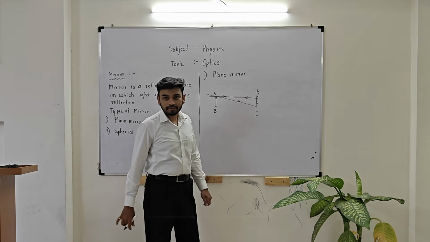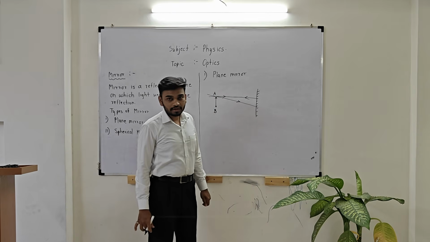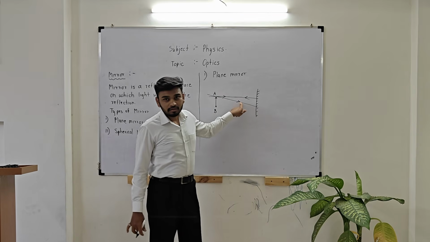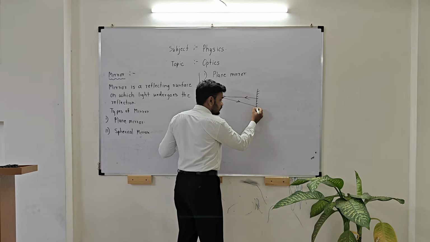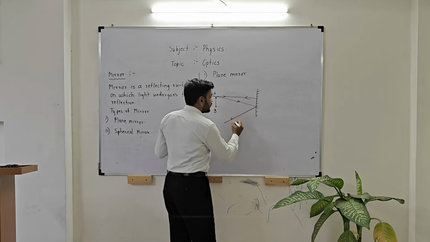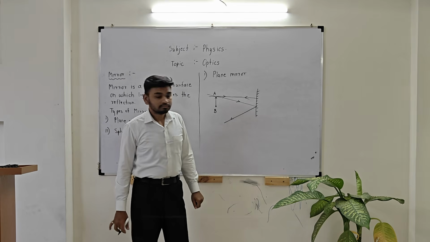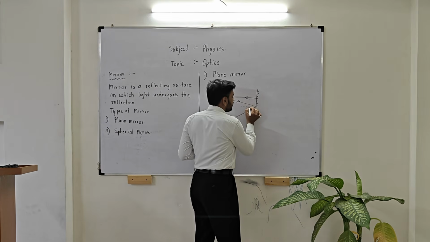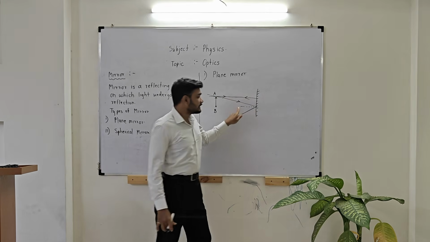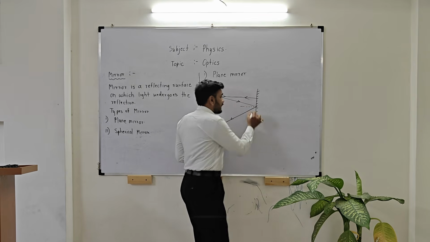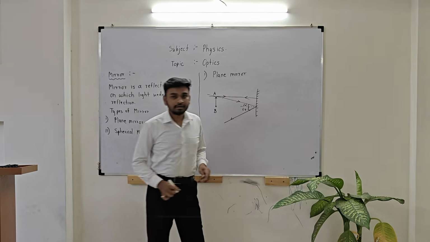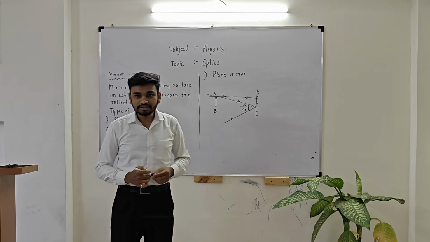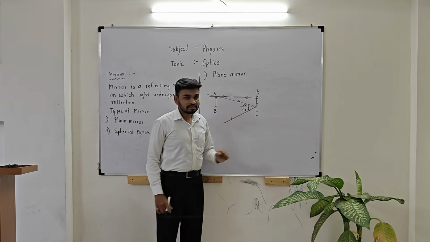This is the second incident ray. After reflection, according to the laws of reflection, it will be reflected back. If you consider this as the normal, the angle of incidence will be equal to the angle of reflection, as we already discussed in the laws of reflection. So in this way it is reflected back.